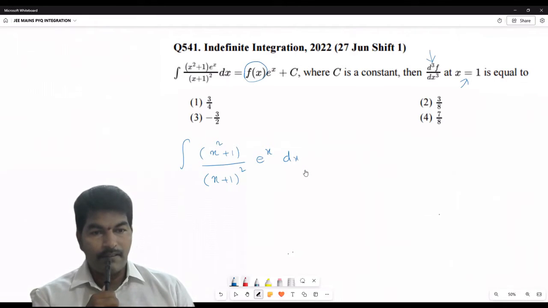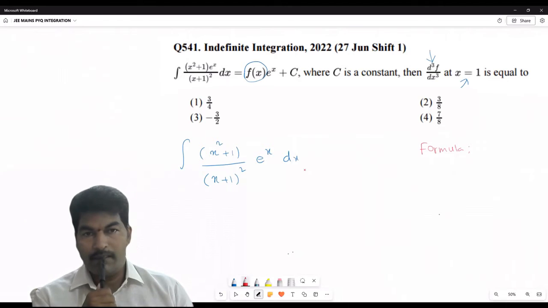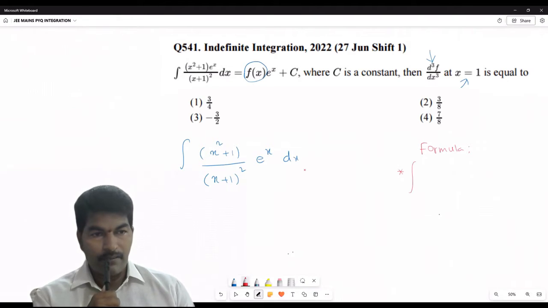And in this kind of scenario, you should remember some formulas. Whenever you see e power x in the problems, you can remember that the integral of e power x dx is equal to e power x plus c.